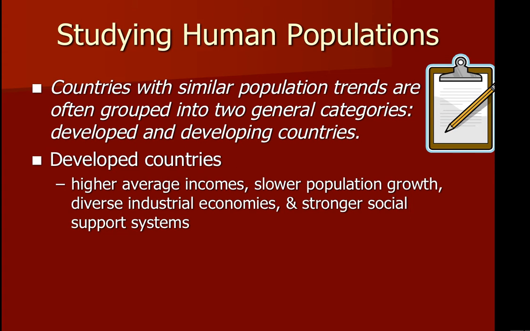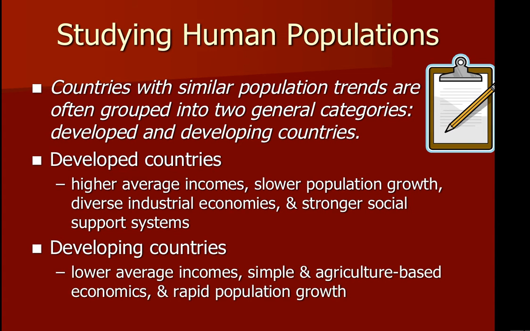We have diverse industry, so we have lots of different occupations in our country. And then stronger social support systems. This is important because if we lose a job or other catastrophic events occur, we're more likely to be able to come back from that, and it won't be as devastating to our family in a developed country as opposed to a developing country. So those are some factors that affect a developed country.